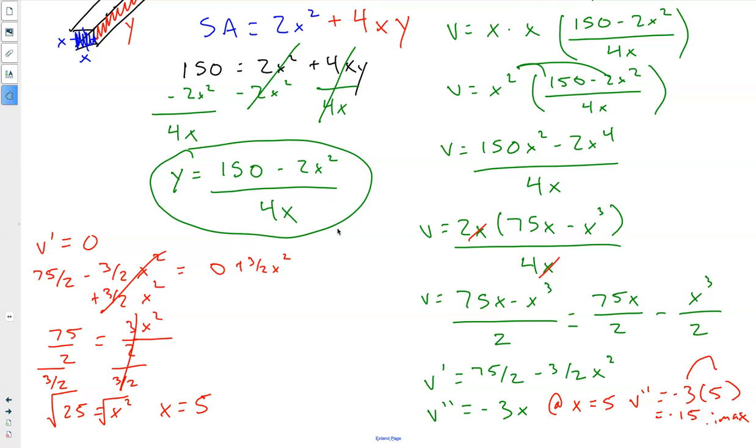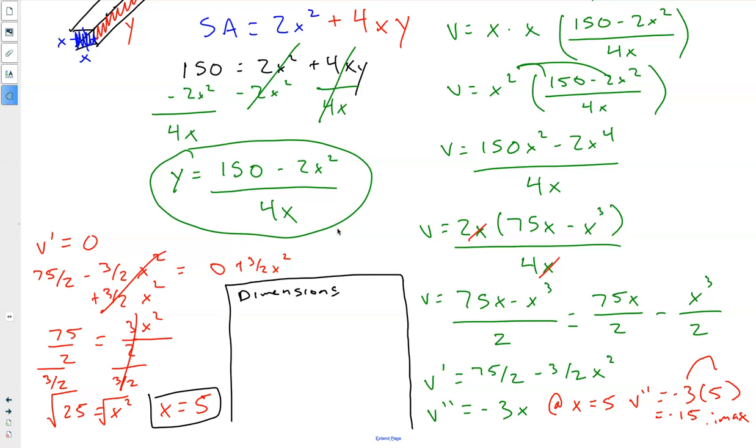Okay, so x is equal to 5 is an important point for us. We know that is our turning point or a critical value. So let's go ahead and find our dimensions. So we know x is equal to 5.